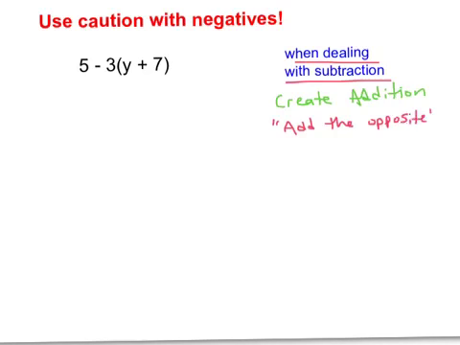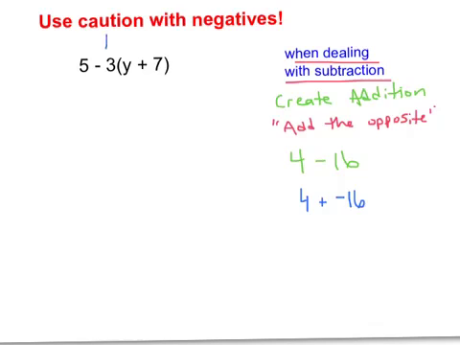And so when we talk about adding the opposite, we understand that 4 minus 16 really with addition is 4 plus a negative 16. And this is something that we're going to have to recognize because when we use the distributive property, we need to identify what we're actually distributing.